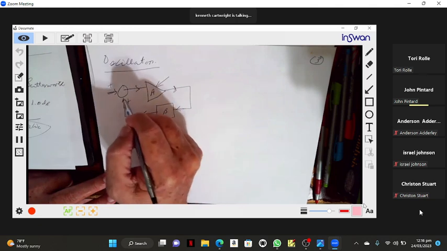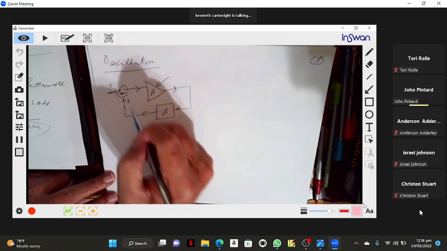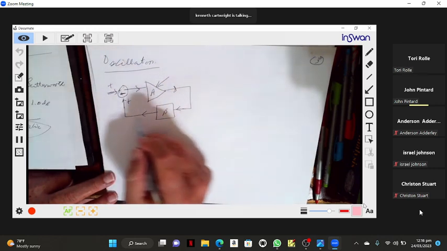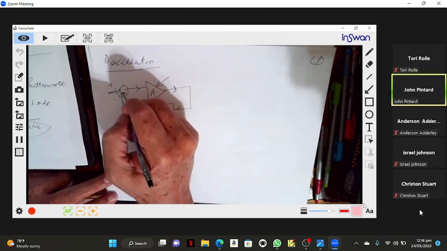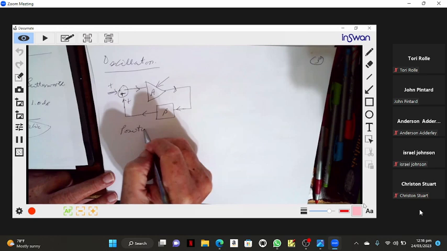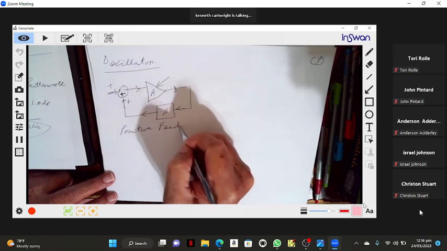I purposely put positive here and positive here. For this to be a negative feedback, this must be negative here, subtracting the output from the input. But I'm not subtracting. This is positive feedback. So it is a loop. Of course, it's a loop.